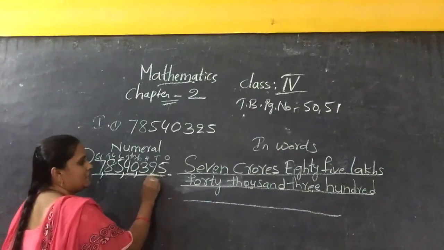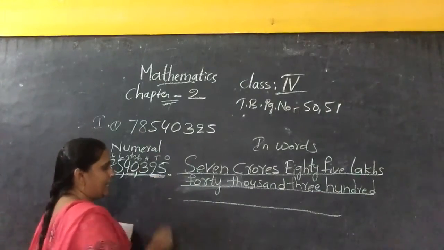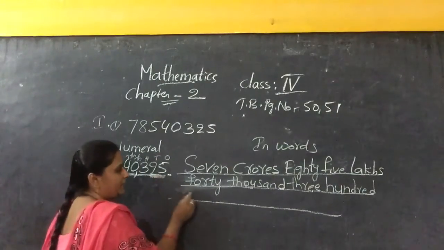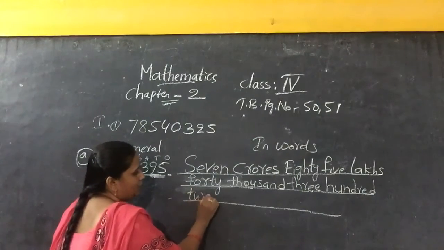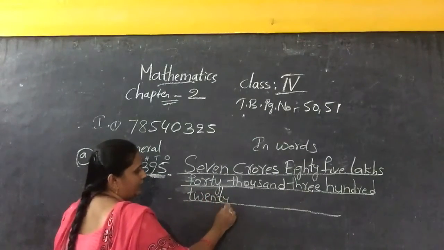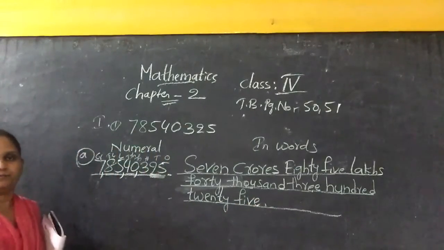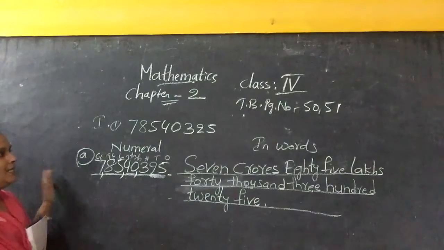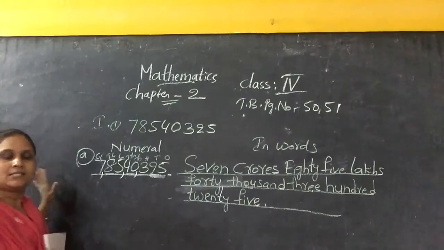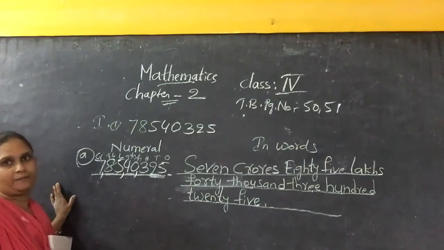The last 2 digits have to be read together: 25. So write down T-W-E-N-T-Y, 20, F-I-V-E, 5, 25. This is the first sum, A sum in section 1.